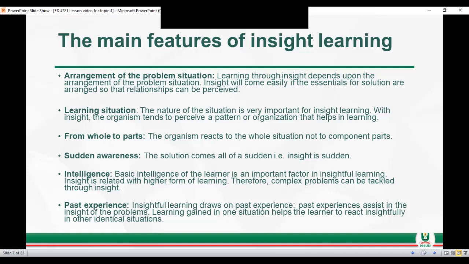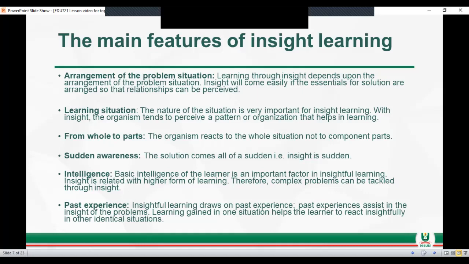Yeah, what about the learning situation? The nature of the situation is very important for insight learning. With insight, the organism tends to perceive a pattern of organization that helps in learning.